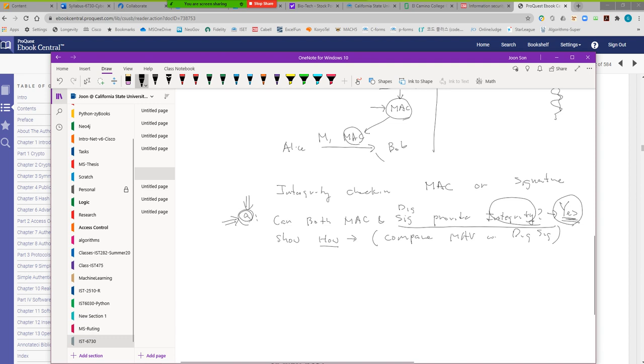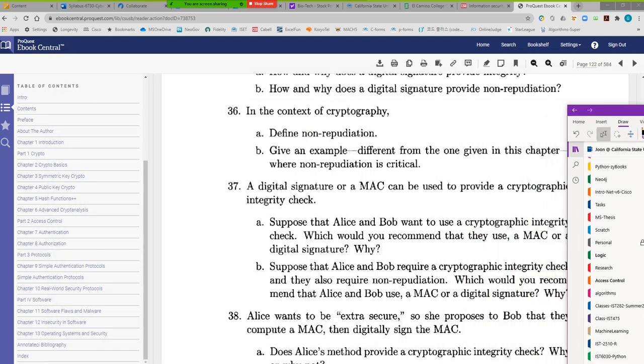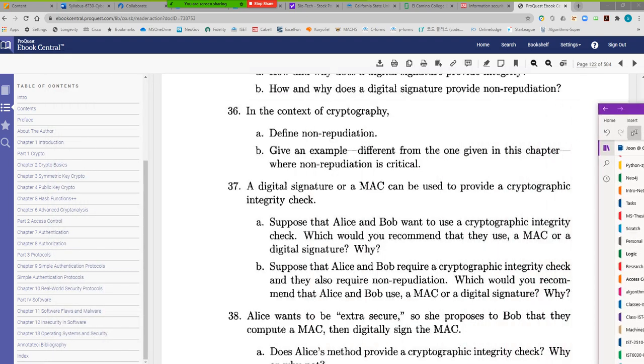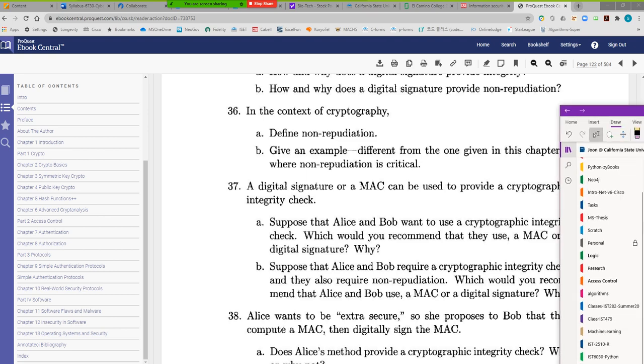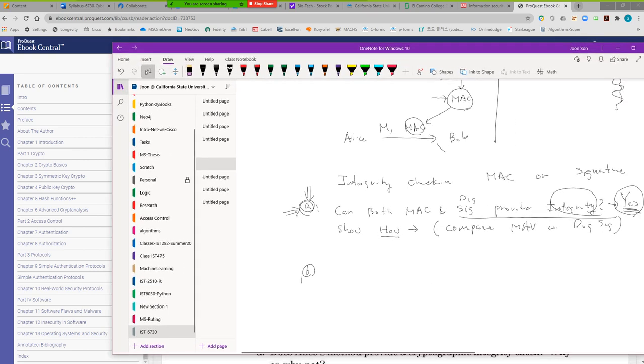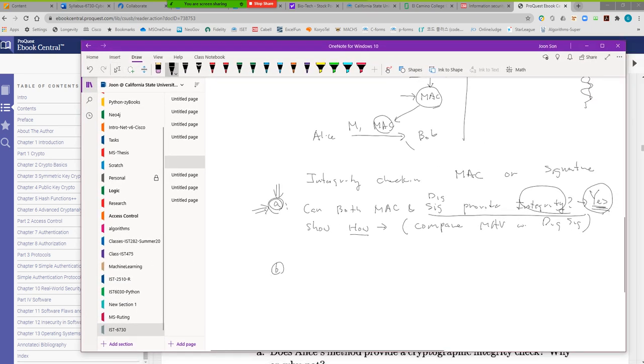Now let's take a look at part B. Suppose that Alice and Bob require a cryptographic integrity check. Would you recommend a MAC or a digital signature? Let me change problem B a little bit.